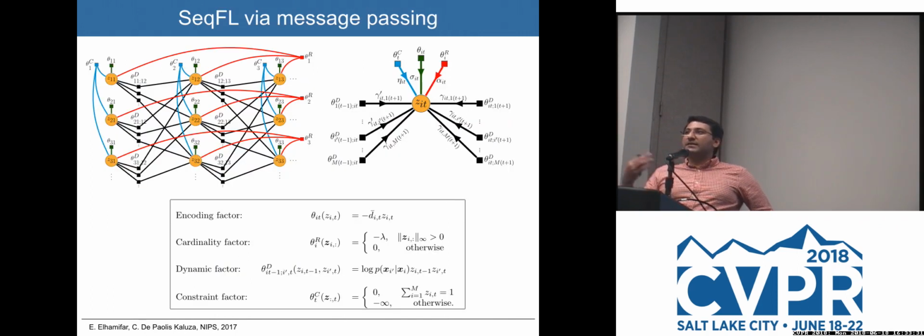The idea is to pass messages between factors and variable nodes until convergence. At convergence, we get the optimal set of assignment variables z_ij, and once we get them, the problem is done. We have the set of representatives and the assignments of points to the representative sets.